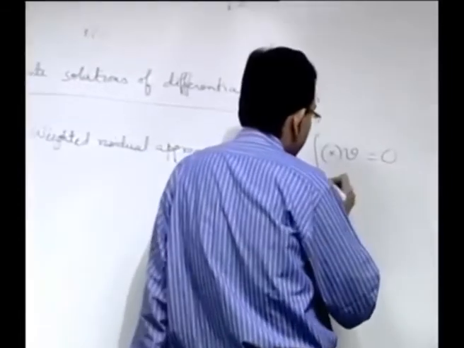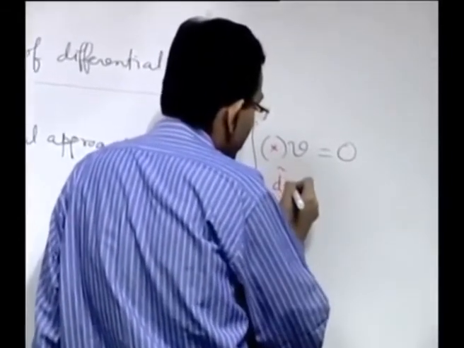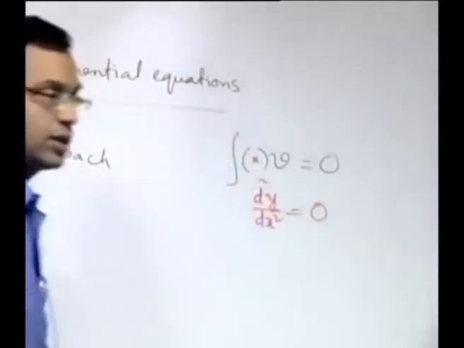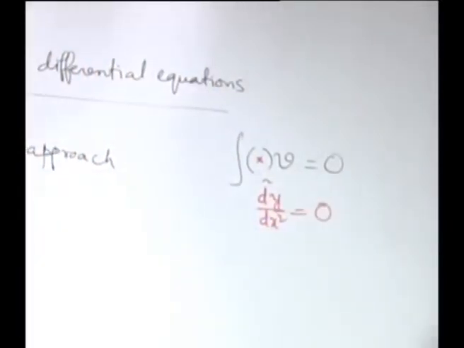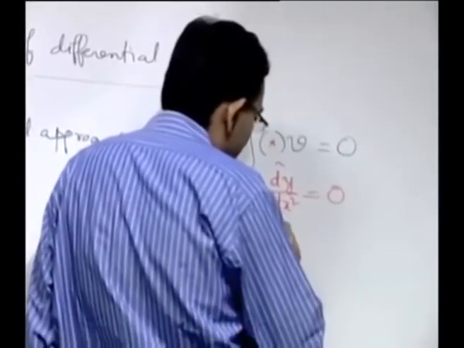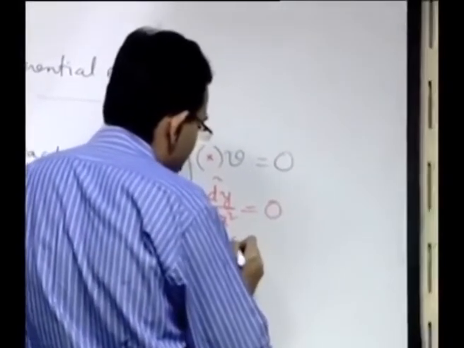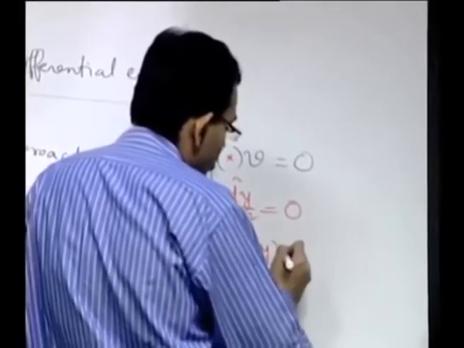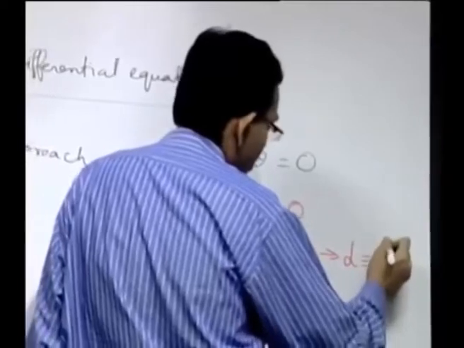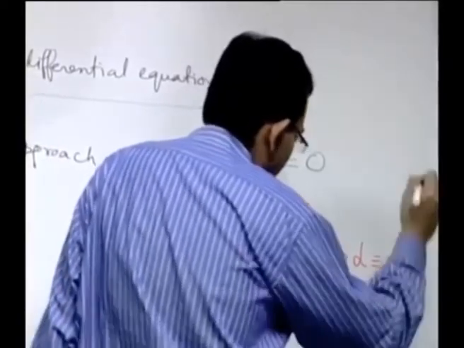Let us take an example: say you want to solve d2y/dx2 equal to 0, one of the simplest possible equations. We call it a linear differential equation where Ly equal to 0, where L is the linear operator d2/dx2, just a notation.